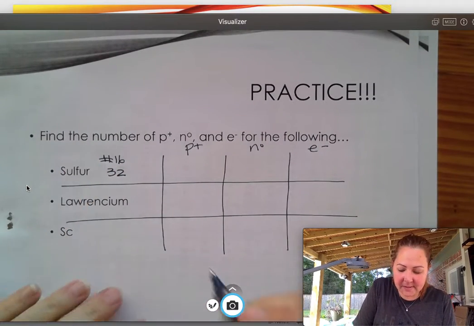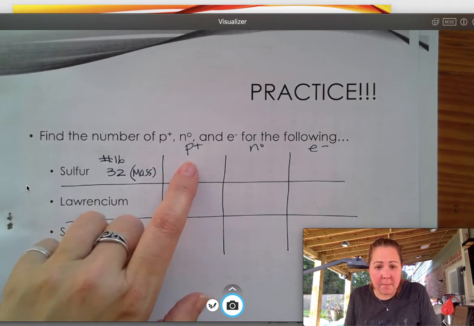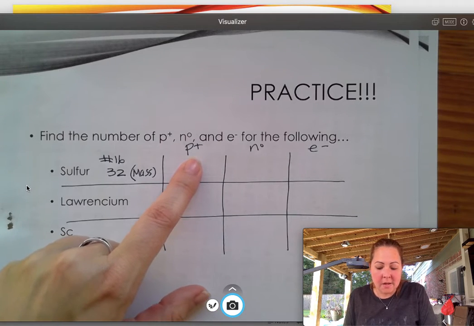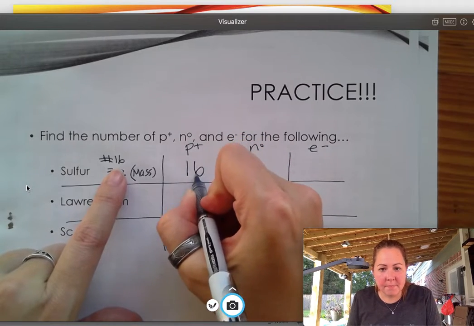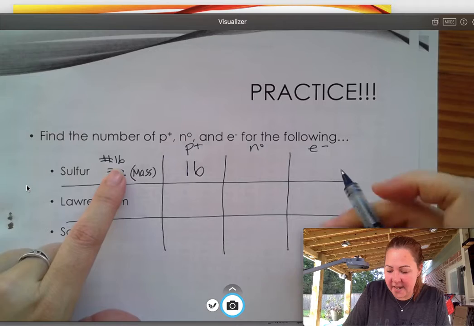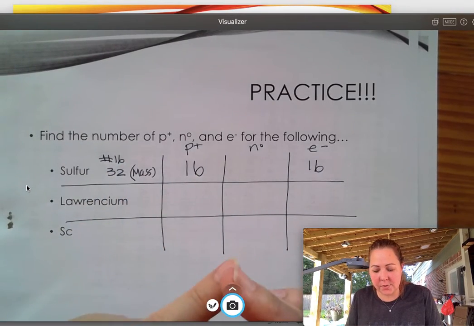Here, I'm going to write down mass. So my number of protons is the number from the periodic table that's called my atomic number. So my atomic number is 16, so I have 16 protons. If I have 16 positive protons, I have to have 16 negatively charged electrons because their charges have to cancel each other out.